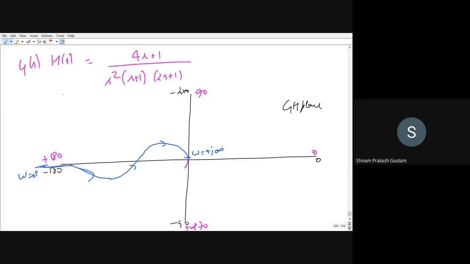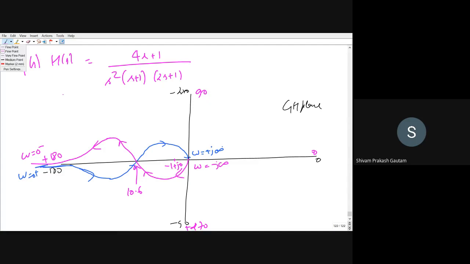And the mirror image of this will look like this. It will go from j infinite to omega is equal to 0 minus. This is omega is equal to minus infinity. This point is 10.6 that we have calculated, and the minus 1 plus j0 point will lie somewhere here.